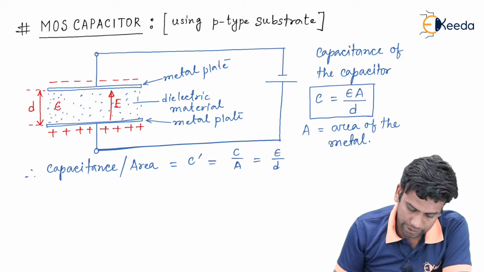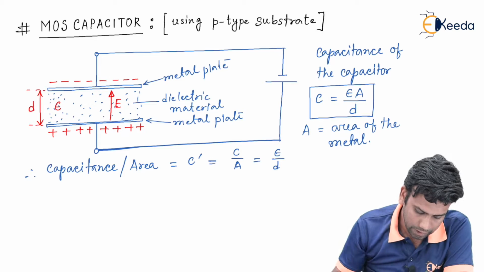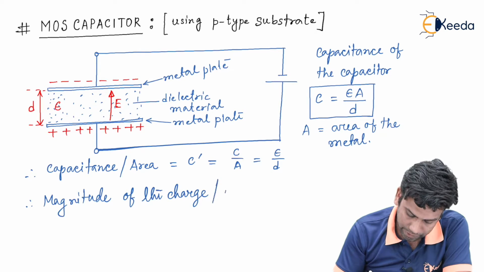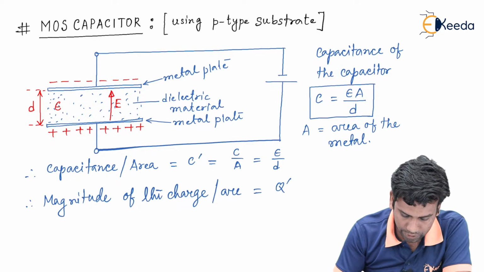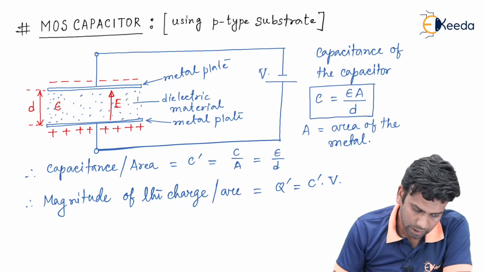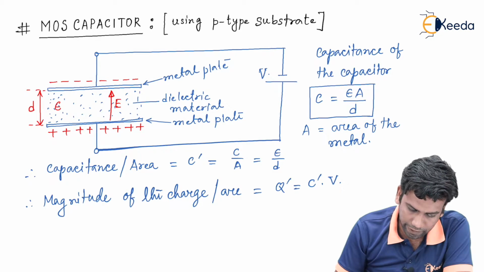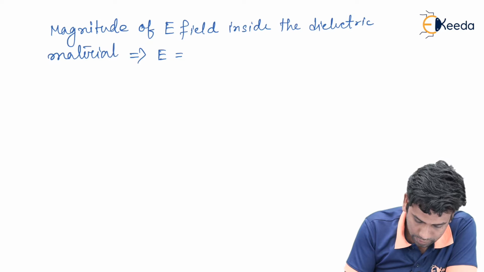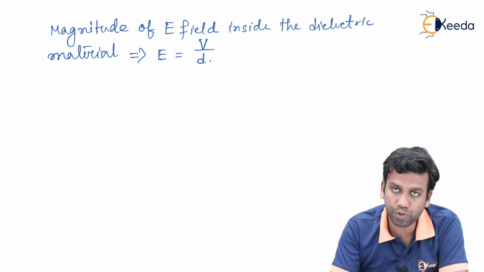This is the capacitance per unit area, and from this we can find the magnitude of the charge per unit area of the capacitor plate, which equals Q dash, that is C dash into V, the applied voltage. The magnitude of the electric field existing inside the dielectric material can also be found, and this equals capital E is capital V divided by the distance between the two plates.